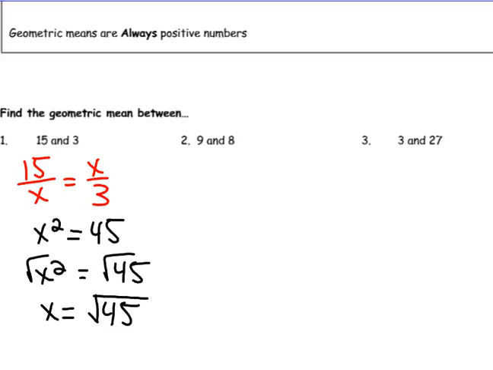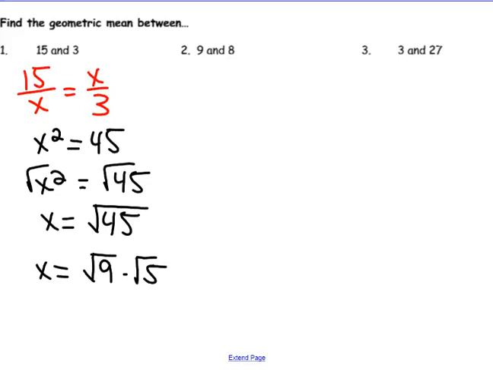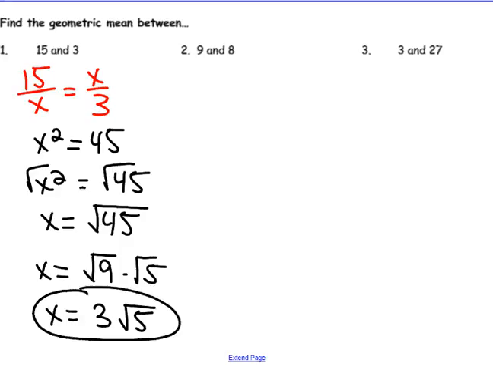I think we practiced this back in unit 1, maybe unit 2. But the idea is we're going to simplify the 45 to its lowest terms. So X is going to equal the square root of 9 times the square root of 5. Now we can simplify that more. So we get X equals 3 times the square root of 5. Now that's your final answer for the geometric mean between 15 and 3.